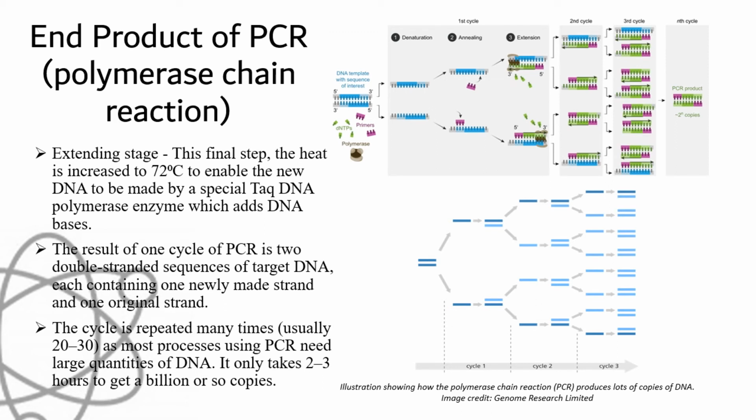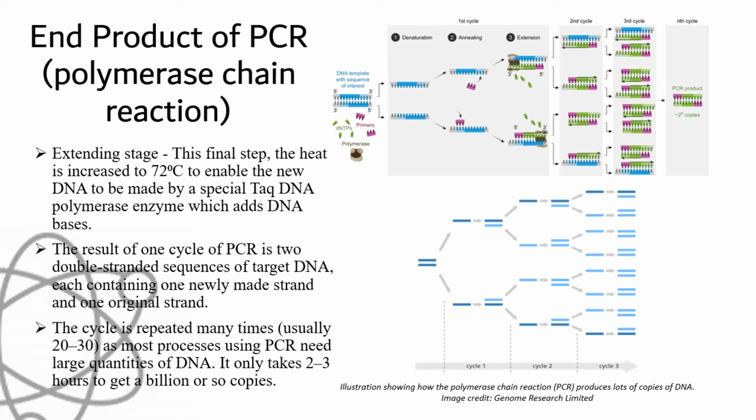End product of PCR, polymerase chain reaction. Extension stage. In the final step, the heat is increased to 72 degrees Celsius to enable the new DNA to be made by a special DNA polymerase enzyme which adds DNA bases. 72 degrees Celsius is optimum for DNA polymerase activity, allowing the hybridized primers to be extended.